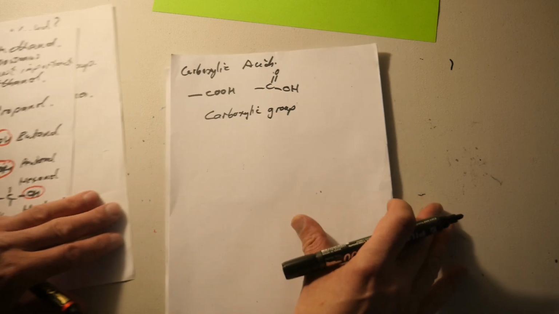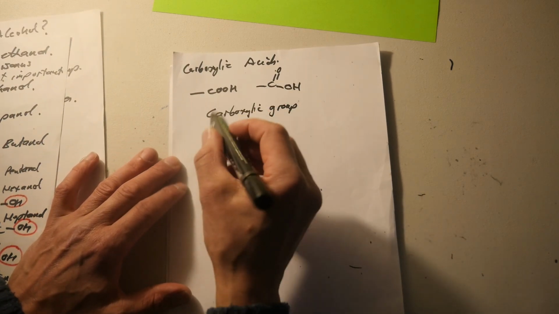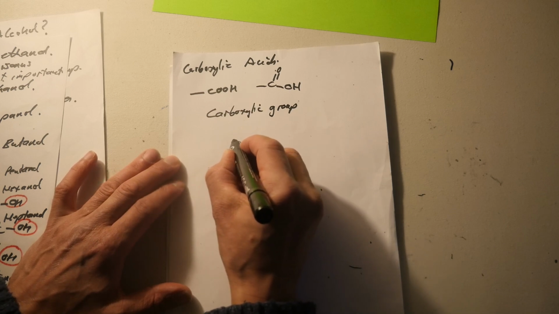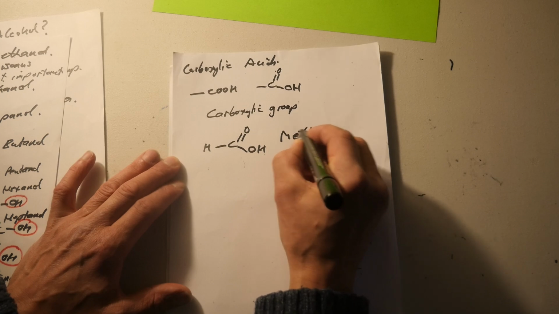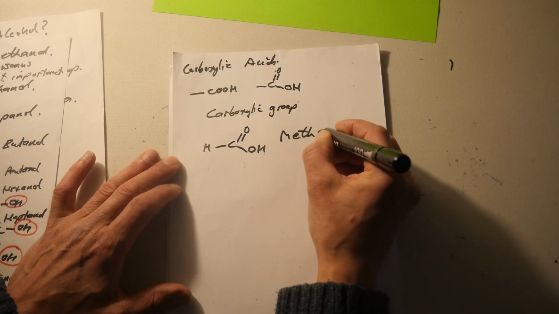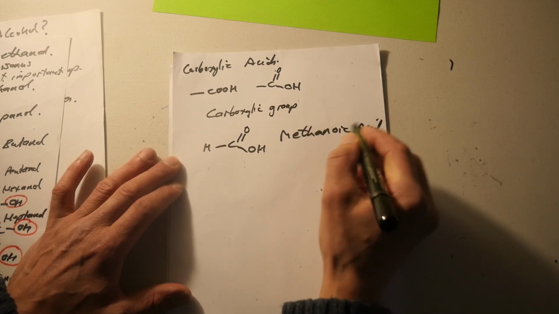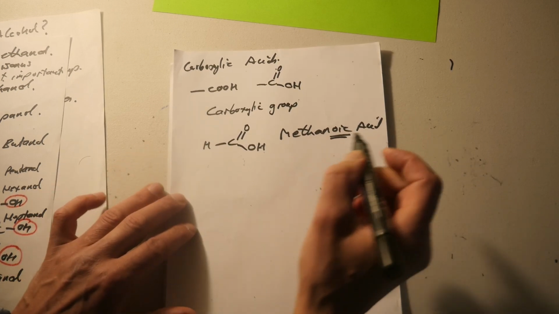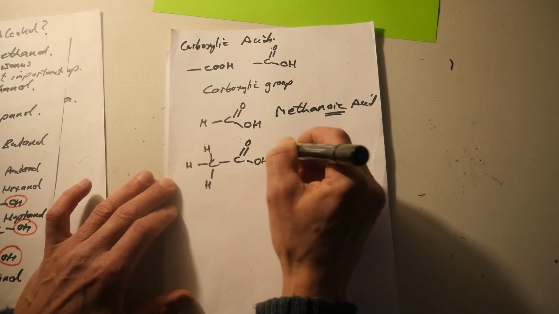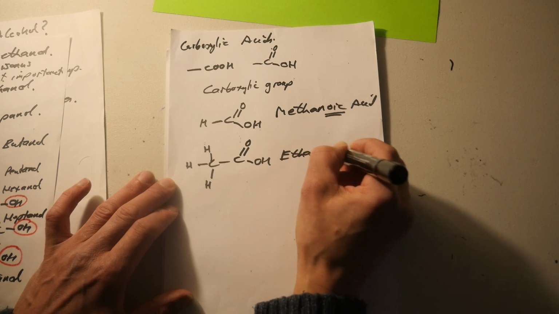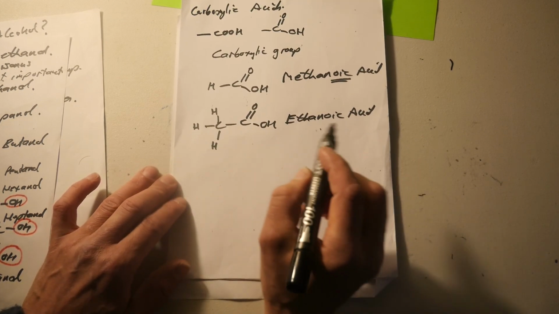Same with acids. They're again named after the alkanes. The simplest one is named after the first alkane, methane: methanoic acid. So the E is replaced by OIC. That's methanoic acid, and then ethanoic acid, and so on, all the way up to octanoic acid.